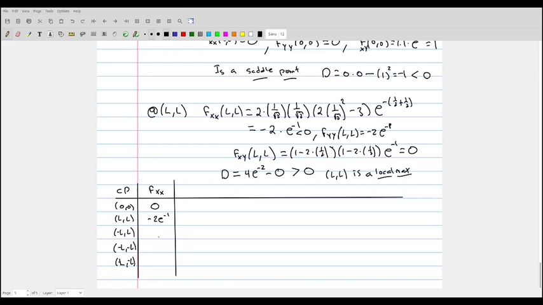At negative L comma L, you get that this is going to be 2 times e to the negative 1. Negative L comma negative L, you get negative 2 e to the negative 1. And at L comma negative L, you get 2 times e to the negative 1.